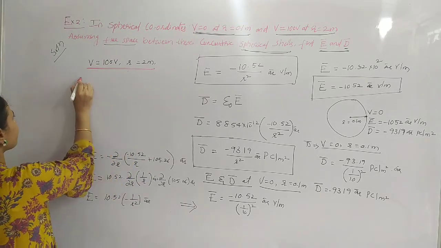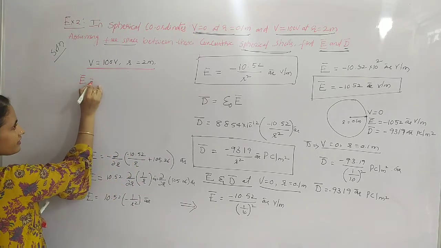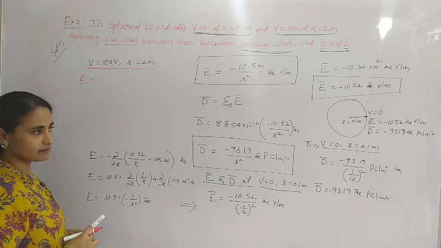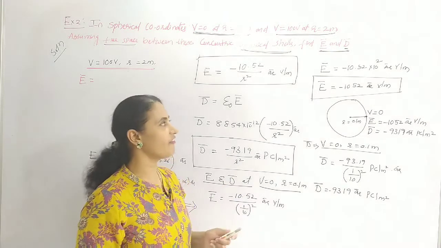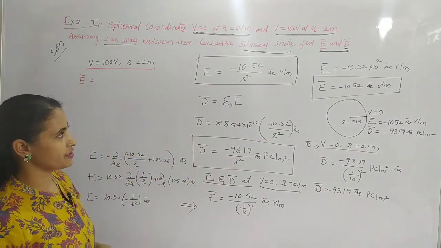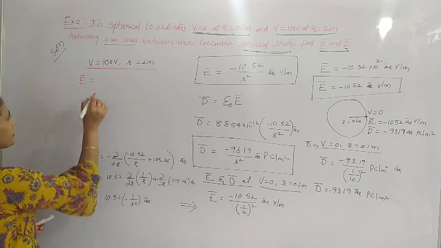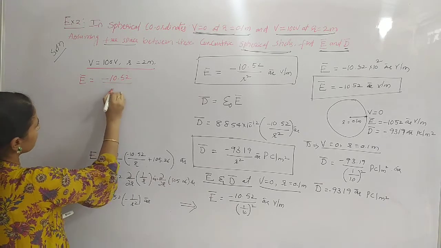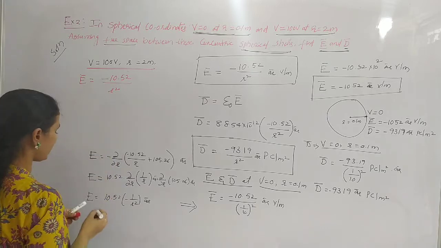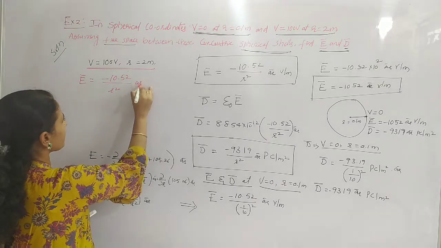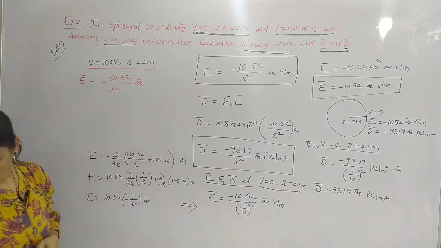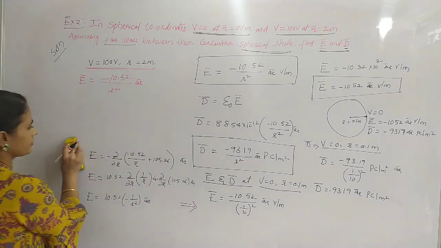The electric field E bar is given by the formula we obtained, which is irrespective of the voltage: minus 10.52 upon R square into AR. Let us substitute R as 2 meters and simplify.